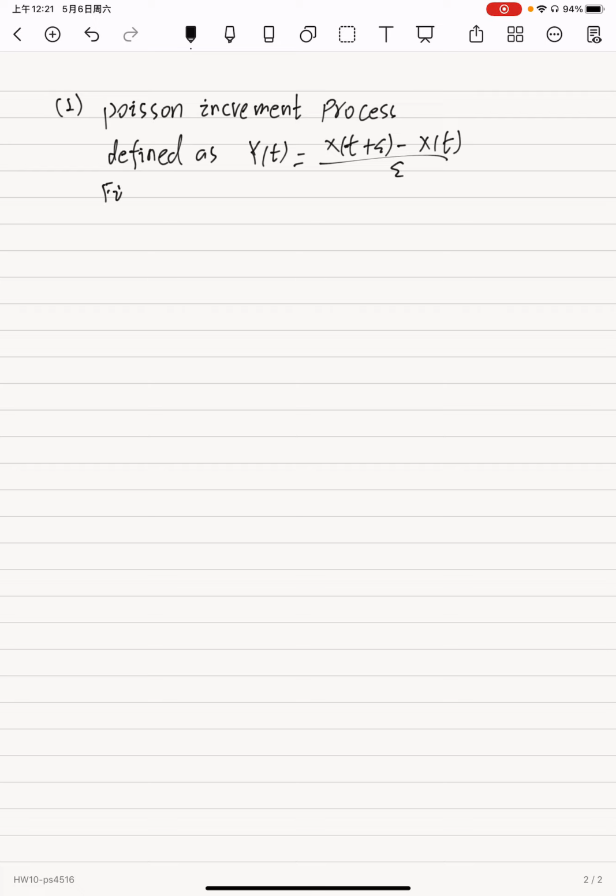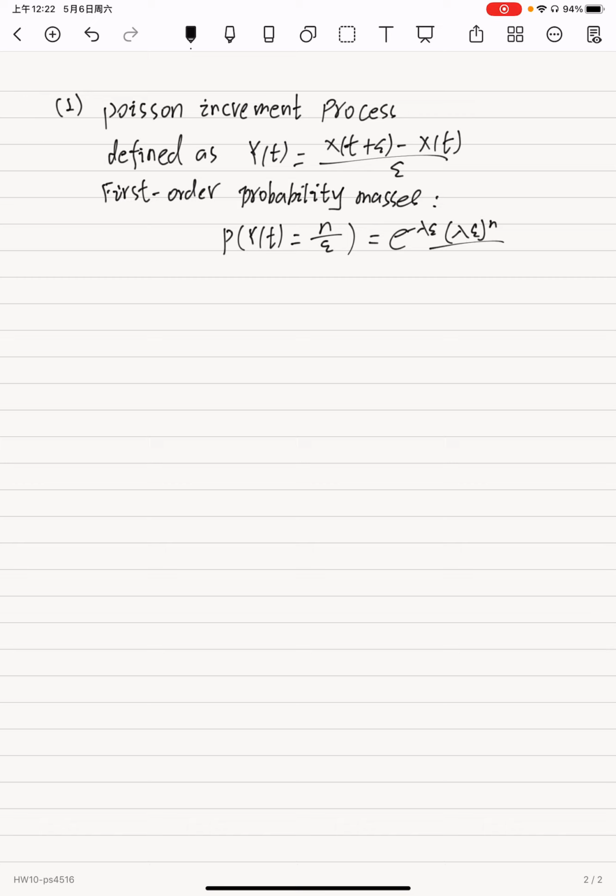The first order probability mass is P(Y(t) equals n divided by epsilon) equals e to the negative lambda epsilon times (lambda epsilon) to the nth power divided by n factorial.